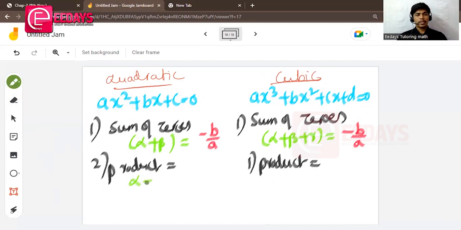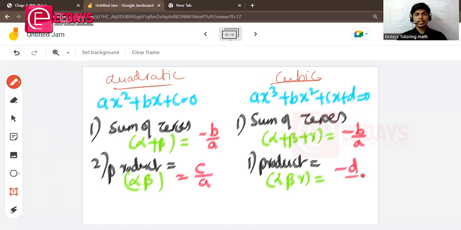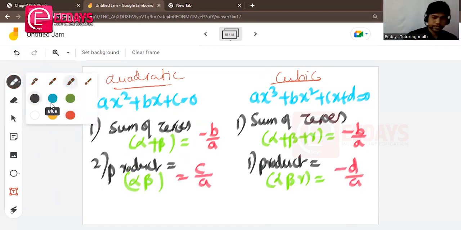Product is nothing but alpha into beta. Here also 3 variables, alpha, beta, gamma. Why am I writing all these things? For your understanding, without making any mistake.